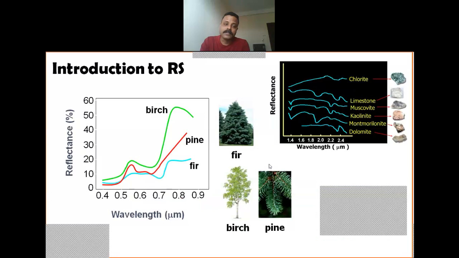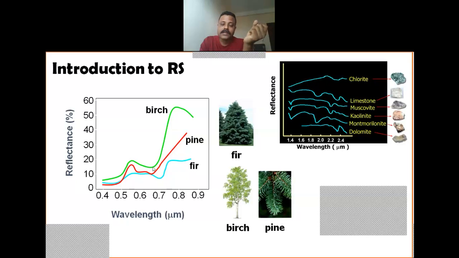The same thing happens here. 0.5 micrometer means 500 nanometer. 500 to 600 nanometer is the dominant range. That is why you see all the leaves in green color. And then towards the red, it drops.